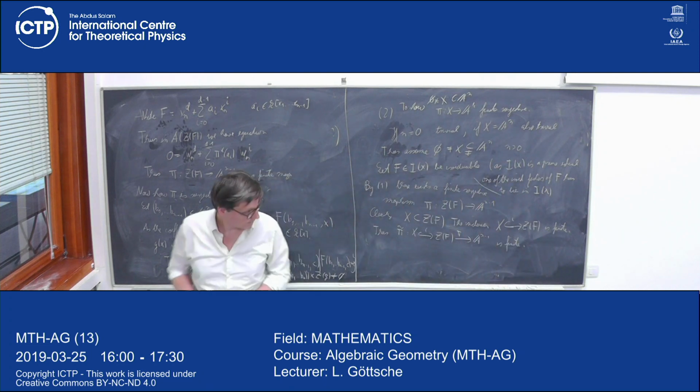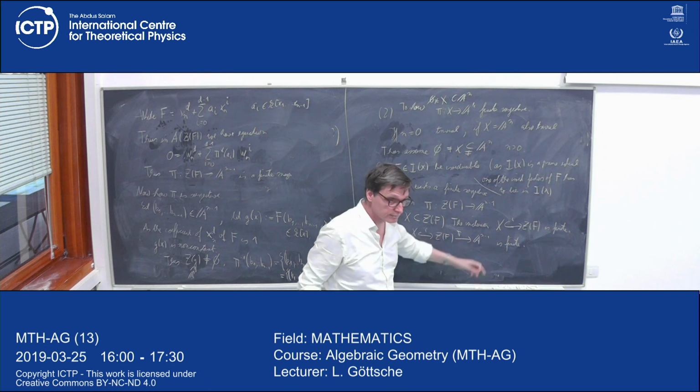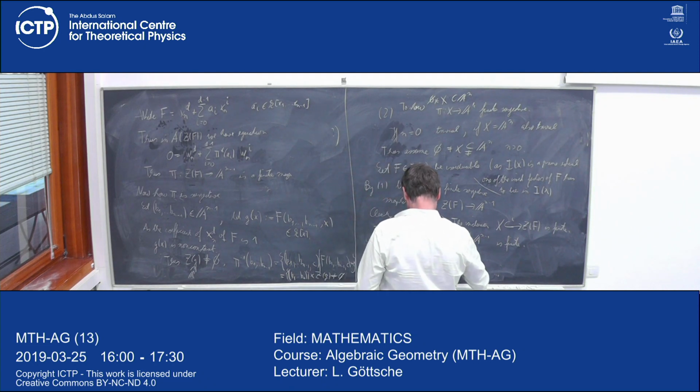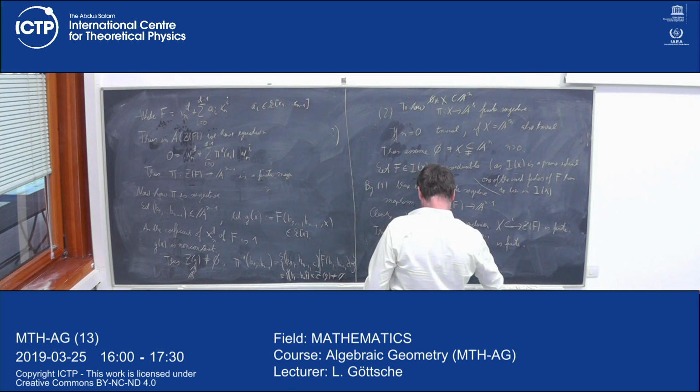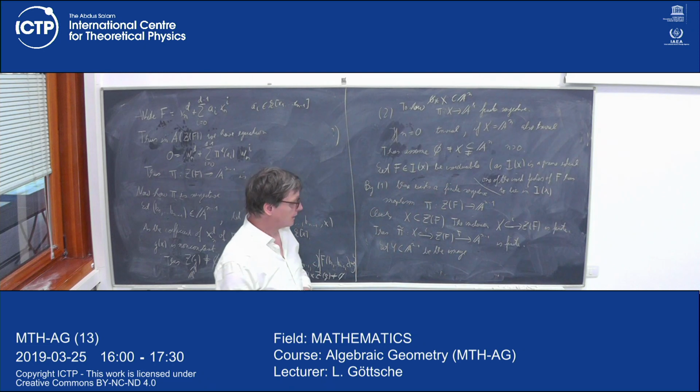So this is a finite morphism, and we know that if you have a finite morphism, the image is closed. So that Y in A^{n-1}, the image, is a closed subvariety of A^{n-1}.